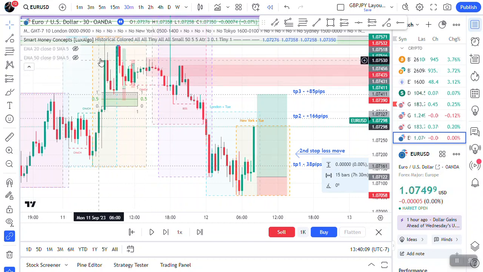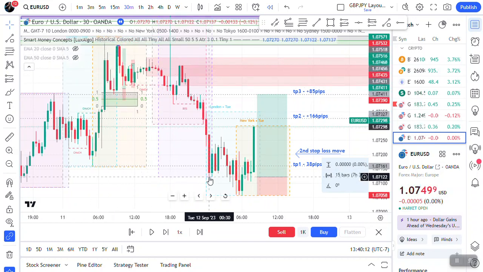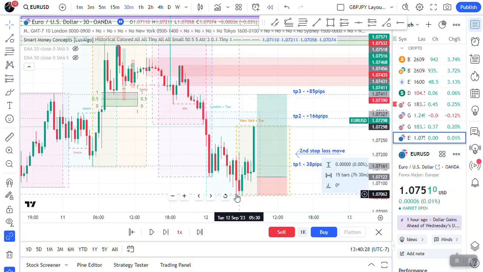You see how it was up and then it broke this area of support, so we had a higher low and a lower low here and a lower high here. And now you have another lower low here, and until it breaks this, which is what we're looking for. But you see here how it comes down and tests.